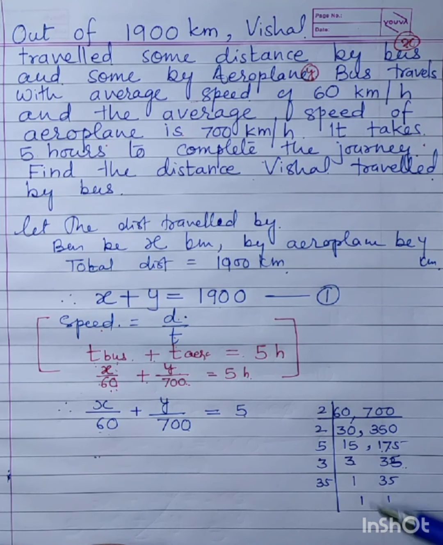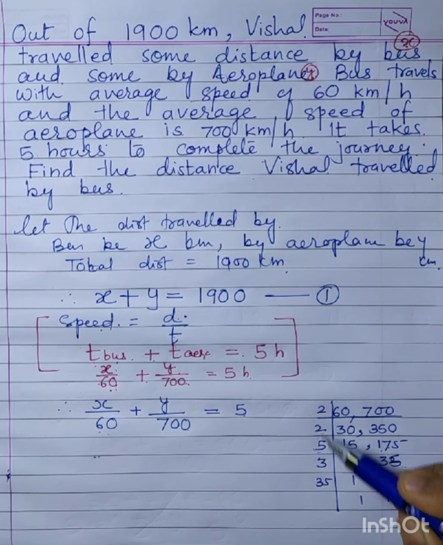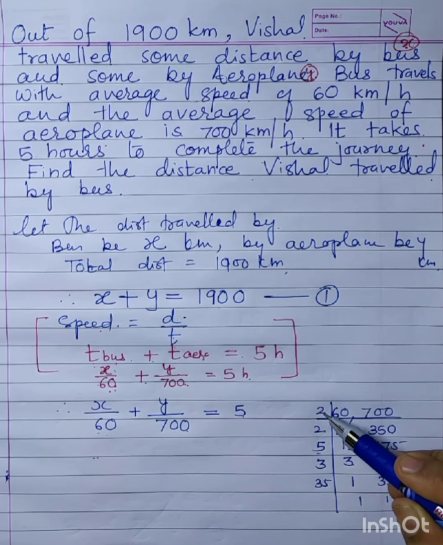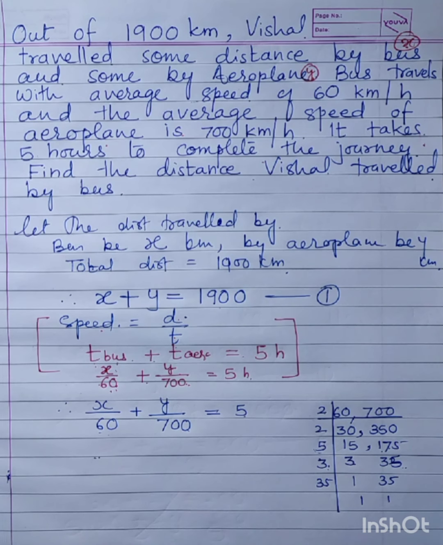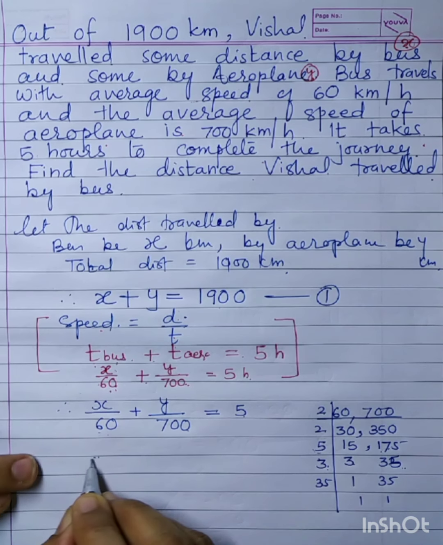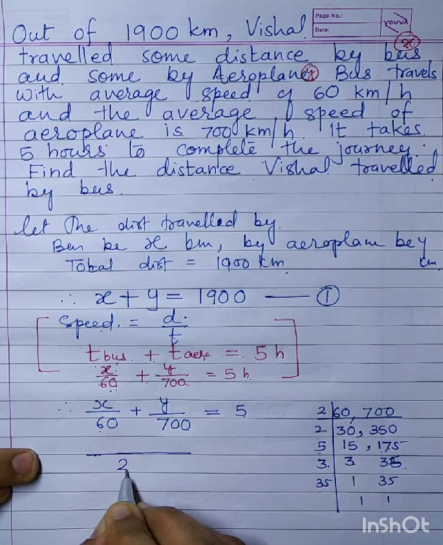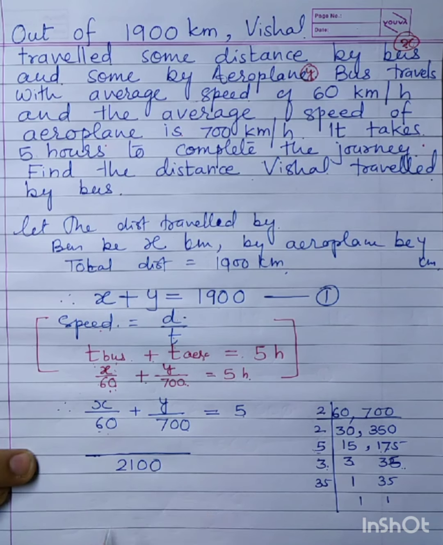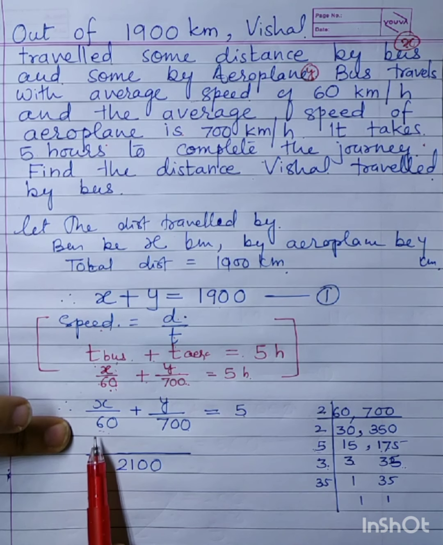And here is another trick I'll tell. Club these numbers: 2 5s are 10, 2 35s are 70, 7 3s are 21. So 210 multiplied by 10. Those who have not understood, multiply and check yourself. LCM here is 2100.